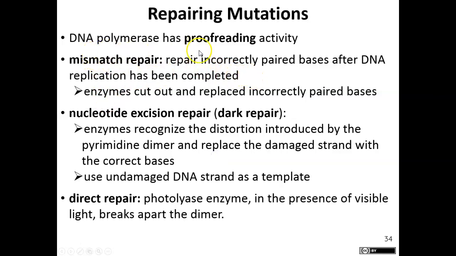DNA polymerase proofreads the DNA, and when it does this, it will kick out improper nucleotides. If the wrong nucleotide comes in, DNA polymerase will just kick it out and the proper nucleotide will come in. Mismatch repair enzymes will quickly fix those small mistakes.